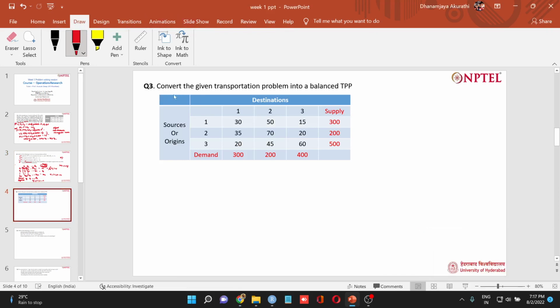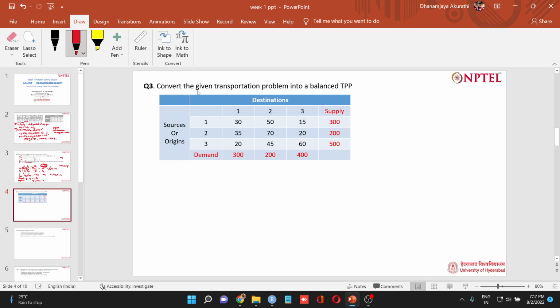The next problem is to convert the given transportation problem into a balanced transportation problem. Before, we had seen that when the sum of the supply is equal to the sum of the demand, the transportation problem is called a balanced transportation problem.